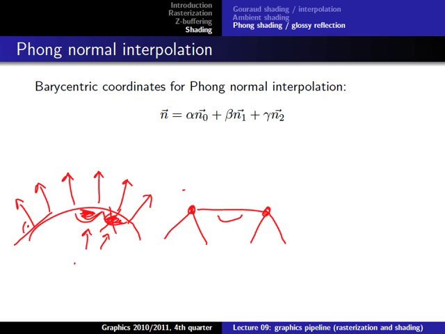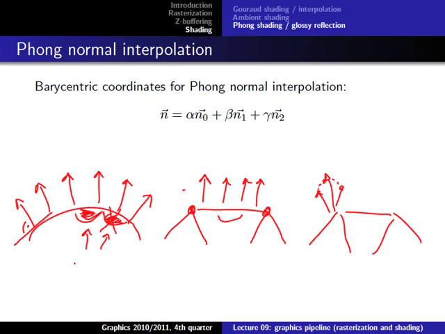But if we have the vectors here, we can also not calculate it based on these two, but what we could do is calculate the average vector of these two here.